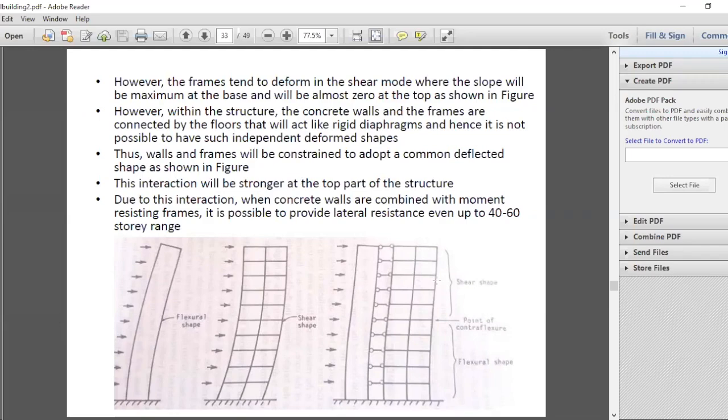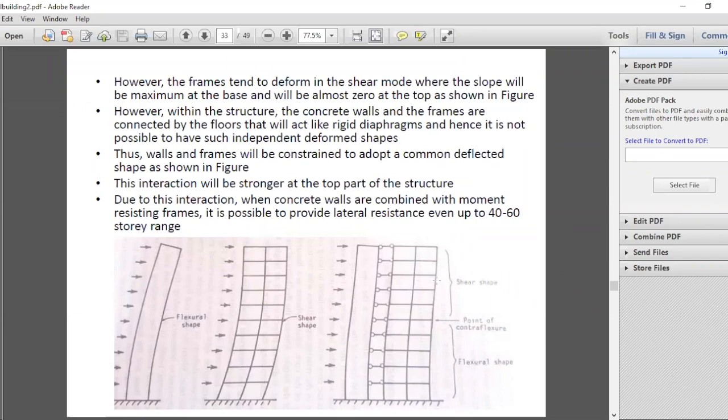So 160 divided by 6 is 26.6. So you can see when we consider a 40-story building, even though the wall is 6 meters long, it becomes fairly slender when you compare that with the overall height of the building.